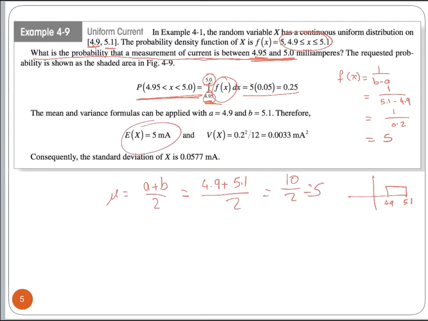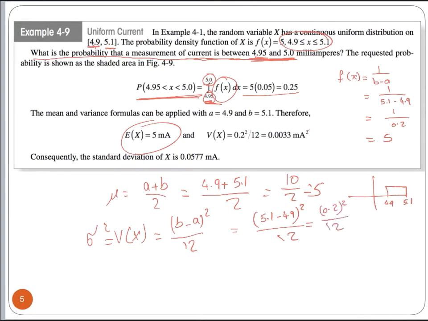The variance, V of x, or sigma squared, is equal to (B minus A) squared over 12. So this is equal to (5.1 minus 4.9) squared over 12, which is equal to 0.2 squared over 12, and that would give us approximately this value.